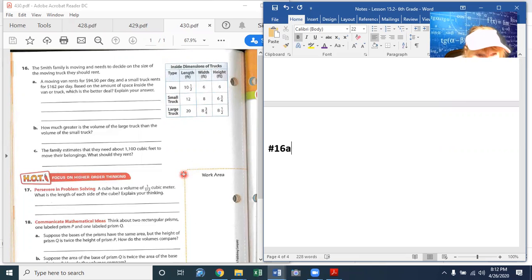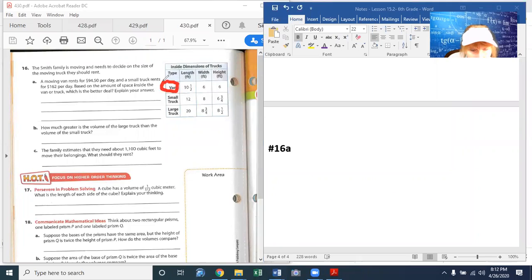Okay? So the Smith family is moving and has to decide on the size of the moving truck they should rent. A moving van rents for $94.50. So the van here is $94.50. And a small truck, this one here, rents for $162 per day. Based on the amount of space inside the van or truck, that's volume, which is a better deal?